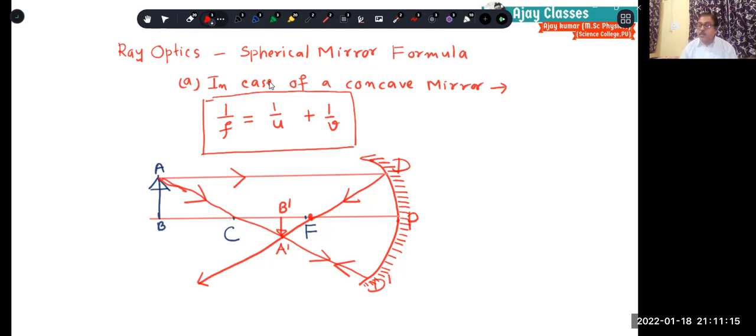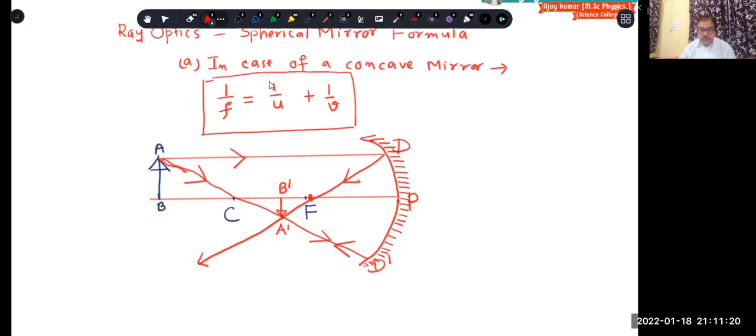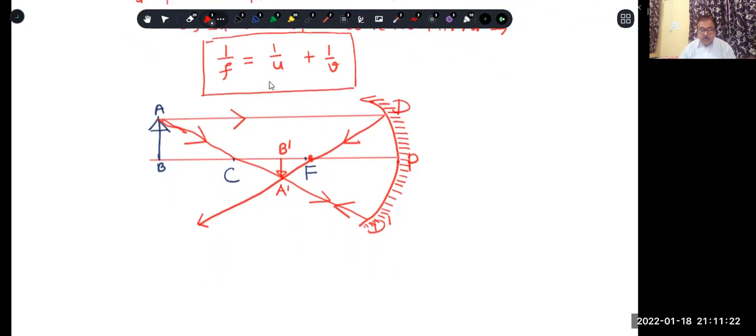The starting point we will decide from the pole of the mirror. P stands for pole, we should bear in mind. And the pole is such a point from where all the distances are measured. So by keeping in mind the location of the object, which is AB at B point, we just trace it for the location of the object from the pole of the mirror.